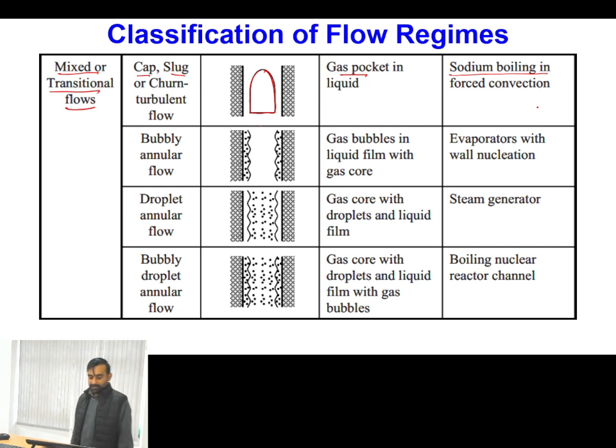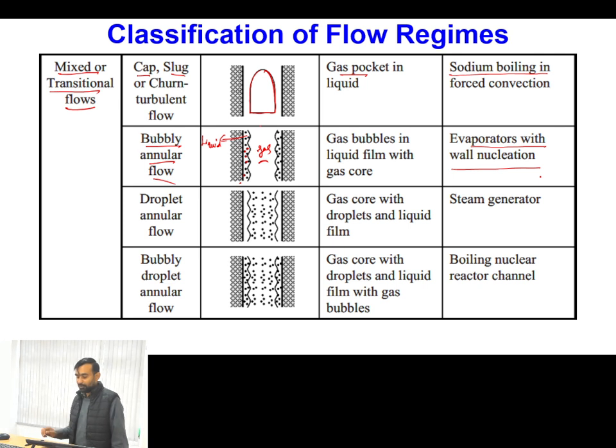Then bubbly annular flow, what does it mean? It means that I have a liquid film, but within this liquid film also small gas bubbles are present and gas is moving at the core. This type of situation is called bubbly annular flow, and it is typically observed in evaporators which have wall nucleation.